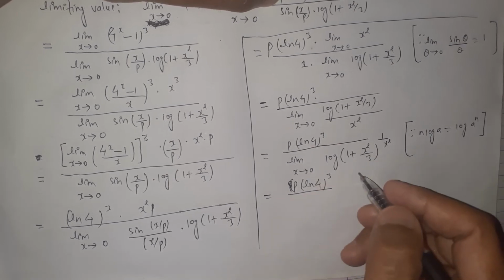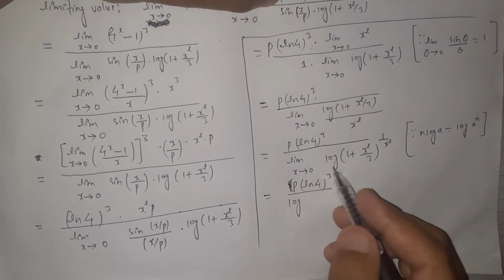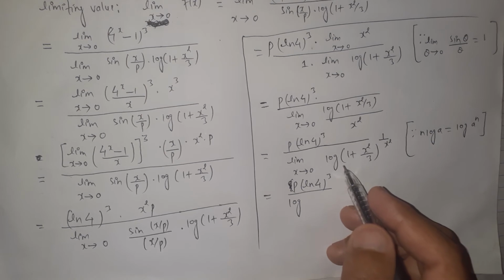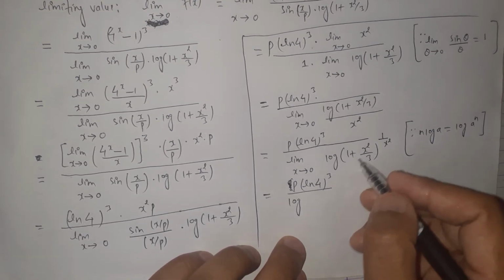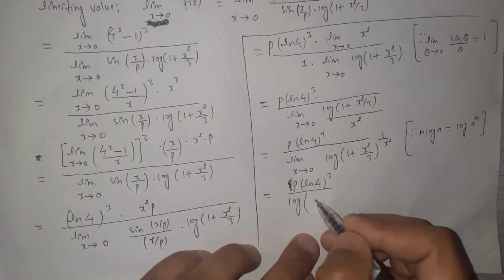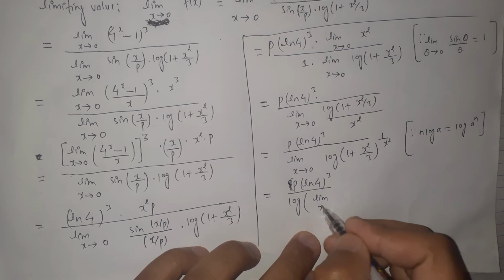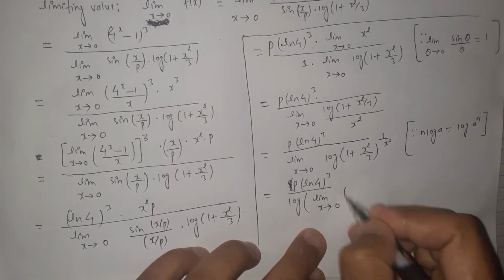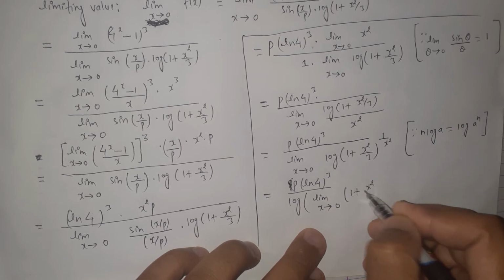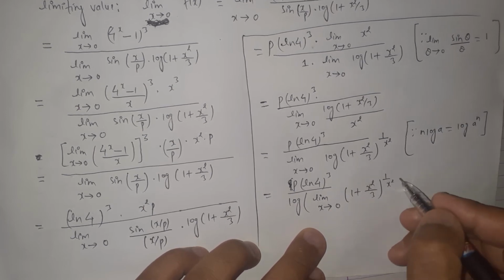This can be written as the log of the limit of the function. We can use here the property of the logarithm. As x approaches 0, (1 plus x square over 3) to the power 1 over x square.